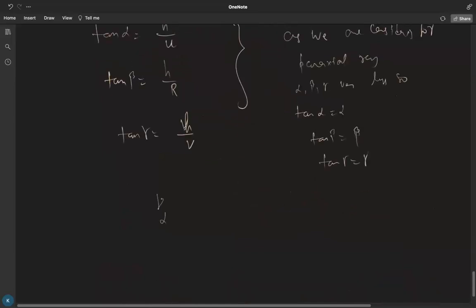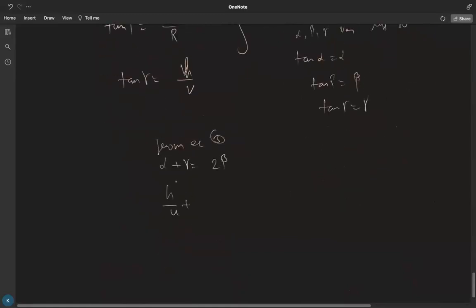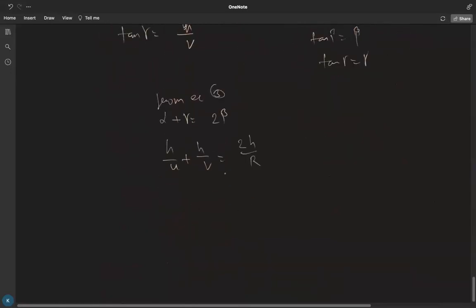From equation 3, where alpha plus gamma is equal to 2 beta, alpha is h by u, gamma is h by v, and beta is h by r. So take h common, or eliminate it from both sides. We'll get 1 by u plus 1 by v is equal to 2 by r.